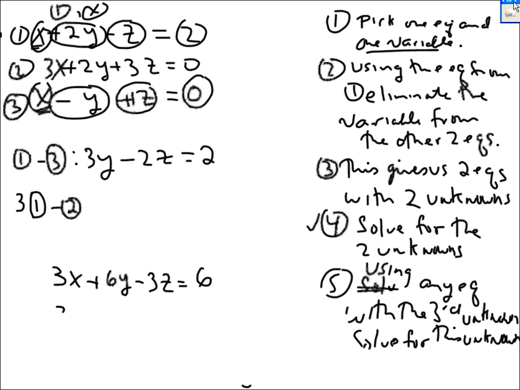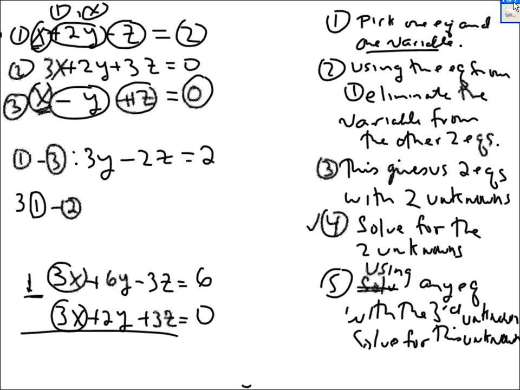In the second equation, n plus 6y, etc. But in particular, I get 3x. The second equation is not being changed. Nice.